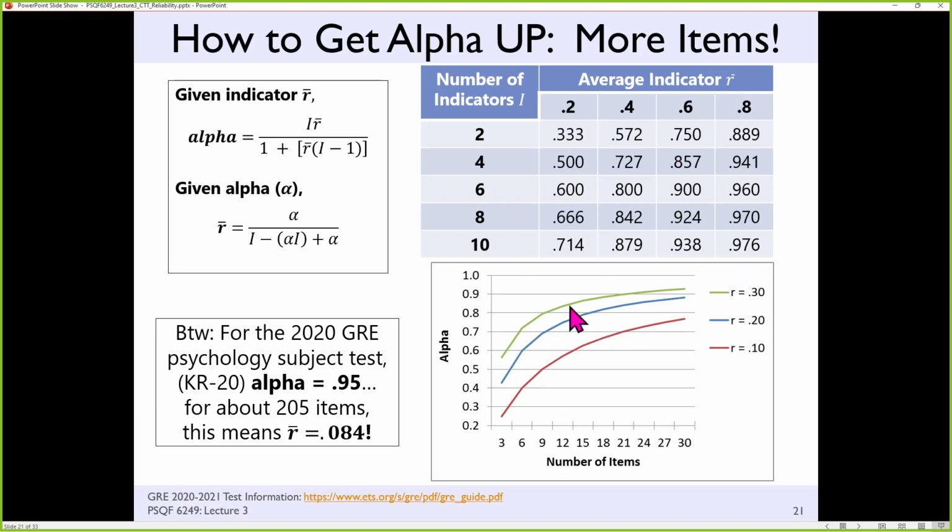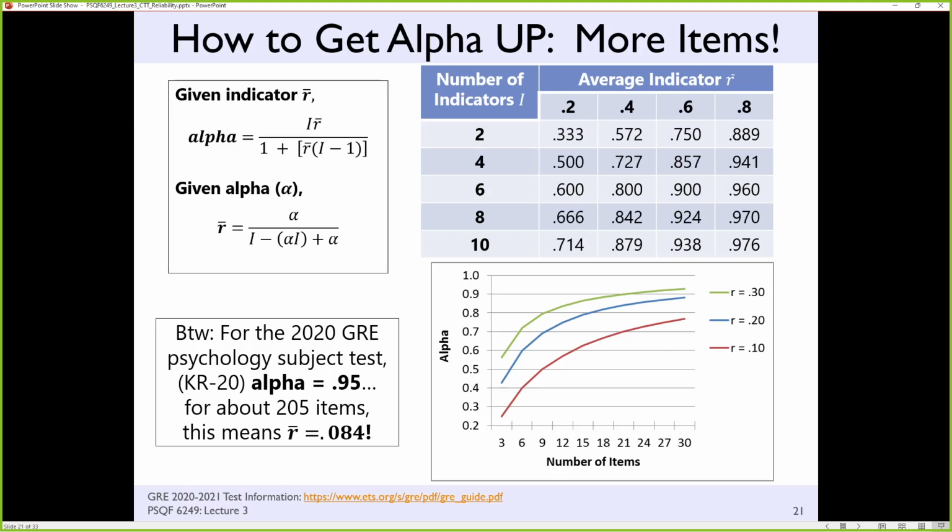So here is a picture of how alpha changes as a function of the number of items given the average inter-item correlation. And I give you this nugget of data. So in the GRE subtest for psychology, in the 2020 version, so this is data that was pre-pandemic, they listed the reliability coefficient for the psychology subtest as an alpha of 0.95.